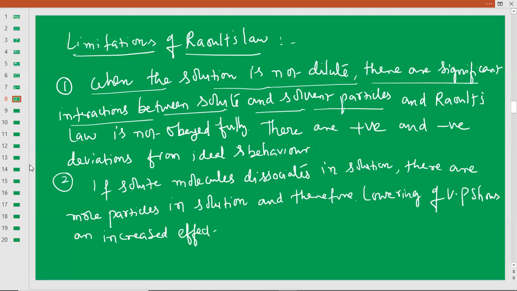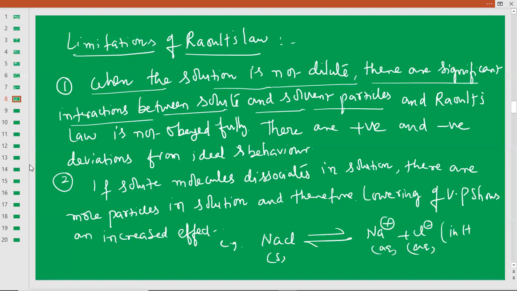Okay. For example, if you take sodium chloride solid solution in liquid, it gives Na plus aqueous plus Cl minus aqueous. So considering H2O is a solvent in this one.